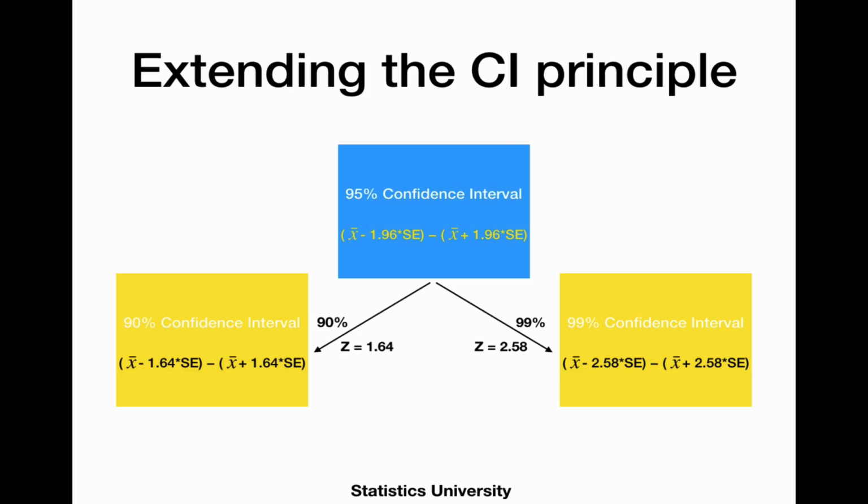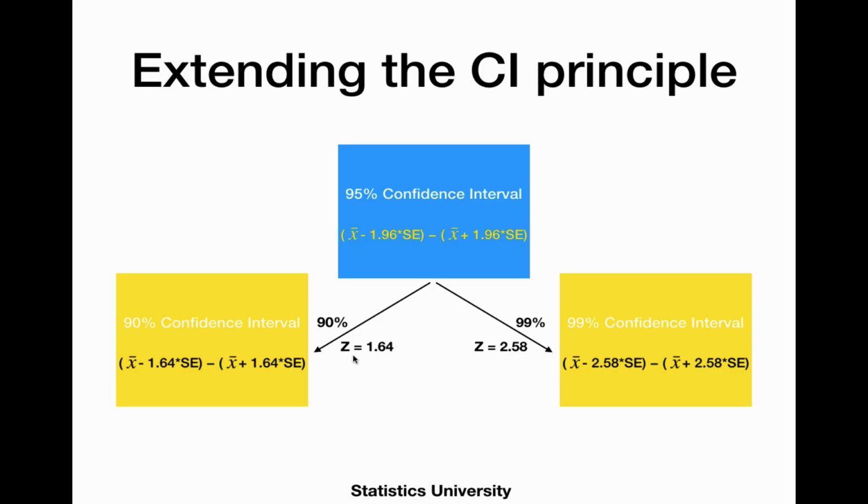We can extend this confidence interval principle to other levels of confidence, like the 90% confidence interval or the 99% confidence interval, just by simply switching the critical Z value to corresponding probabilities of 10%, so 5% on each of the tails, and 1%, 0.5% on both tail ends.